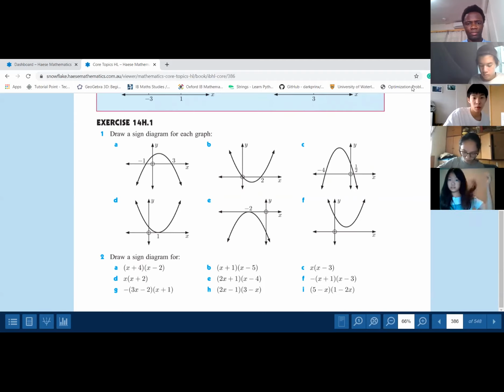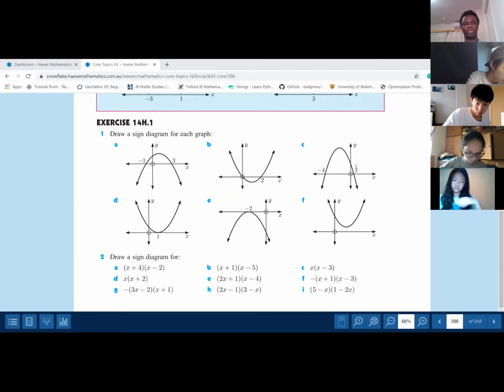1A, 1E, 1F. So that's the first one. Send to me and we draw it together. So you send me one picture, okay? It shouldn't take long. Draw it together.